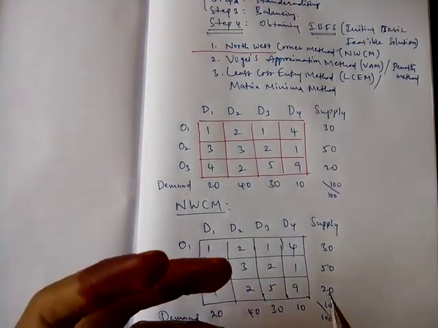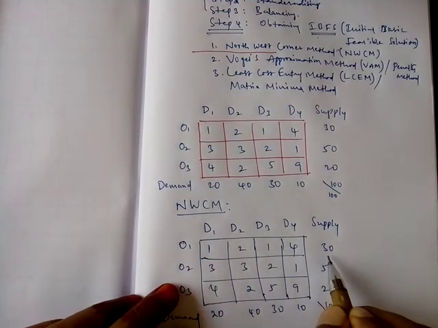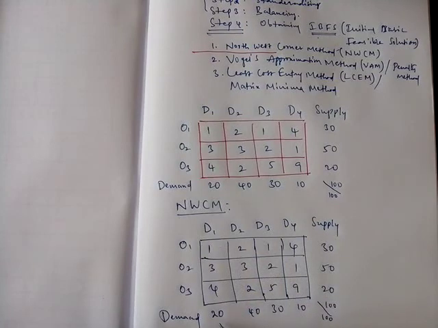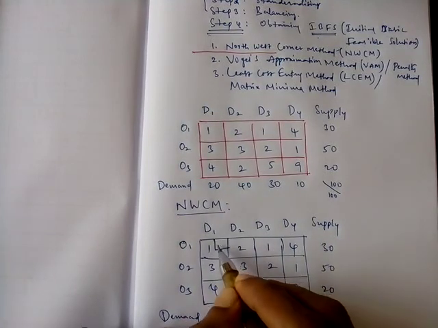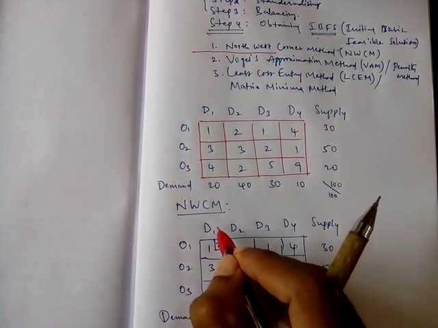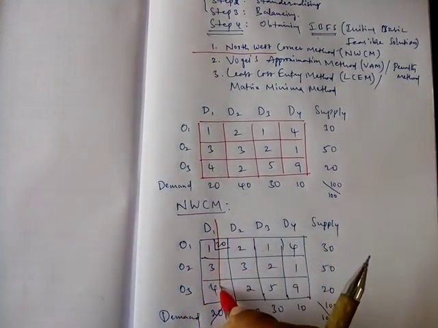How many can we allocate? O1 is supplying 30, D1 is demanding 20. So we can allocate 20 products to this cell and it will be cancelled. So this column will be cancelled.